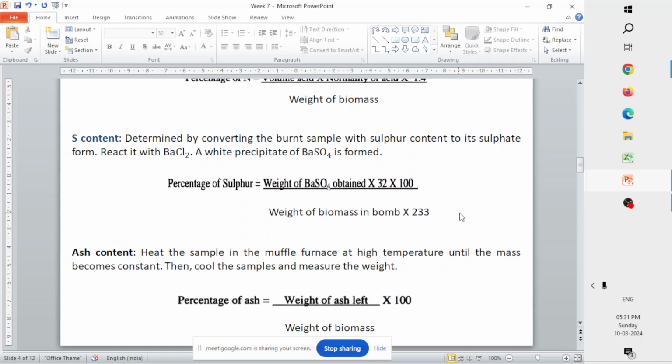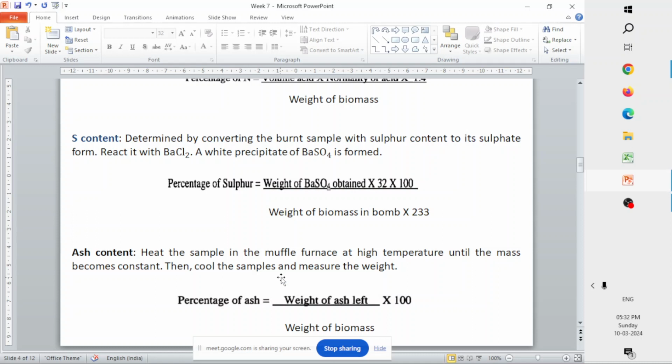Whatever weight you obtain after cooling it down is nothing but the weight of your ash, and you know the weight of the biomass sample that you had taken initially before you started heating it. So what is left at the end is your ash, and the weight of the biomass initially before burning, multiplied by 100, will give the percentage of ash present in the biomass sample.